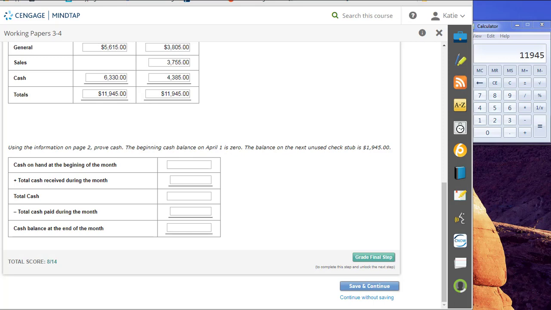Again, anytime we get our debits and credits to equal for proving our journal, it's always a very good feeling. Now, again, I said yesterday, if you know it doesn't equal, you have to go and find and fix it, because otherwise you're going to get lots of things wrong.